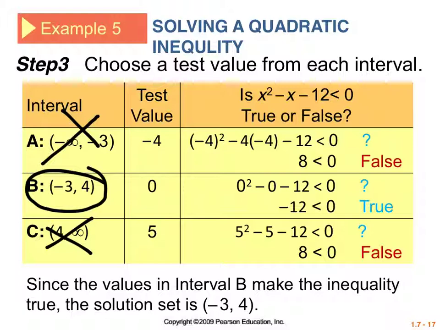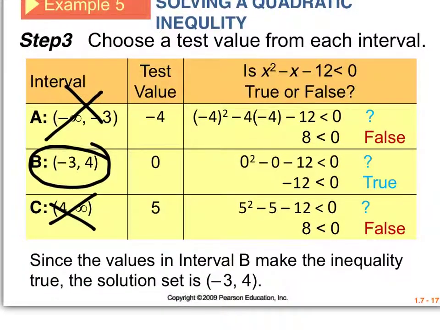And it says, here's my solution set here down at the bottom, negative 3 to 4. Notice that I have parentheses because my inequality does not include the line for the equal to part. And if I wanted to graph this on a number line, I would shade the center part of that number line between negative 3 and 4.